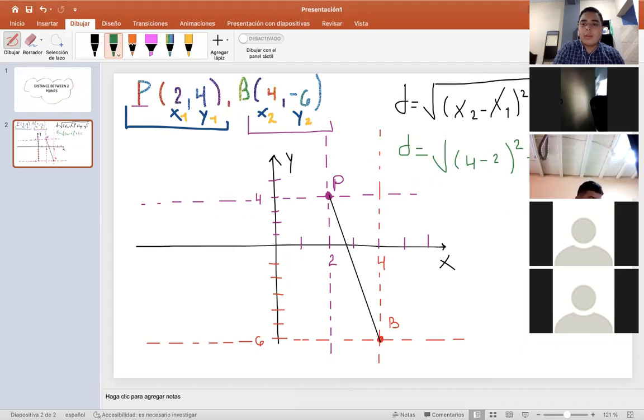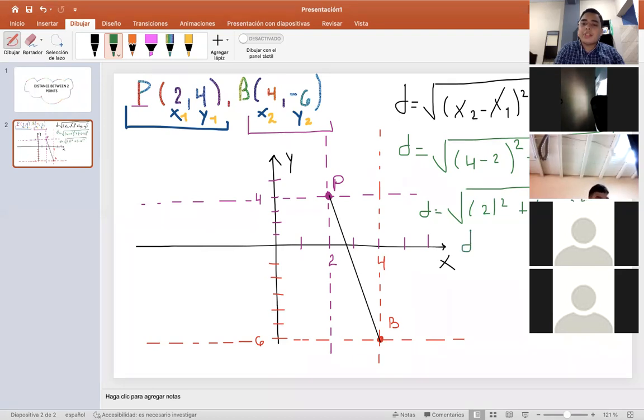We close parentheses and we close the square root. Now, step by step, how much is 4 minus 2? 2. 2 squared, plus, how much is -6 minus 4? -10. -10 squared. We close the square root.